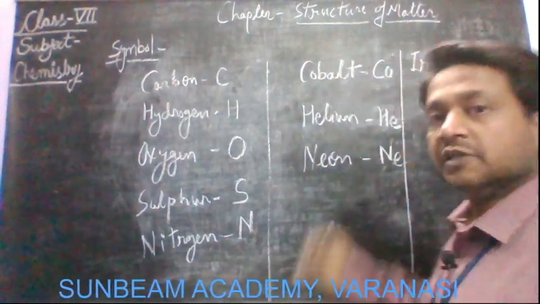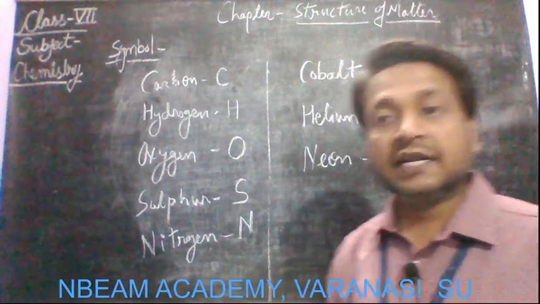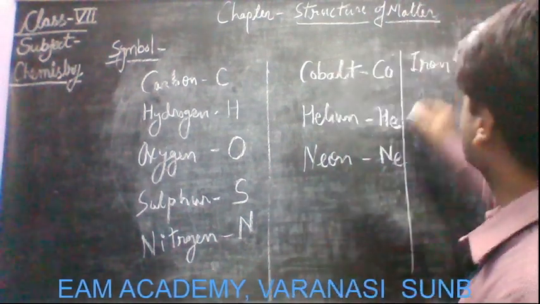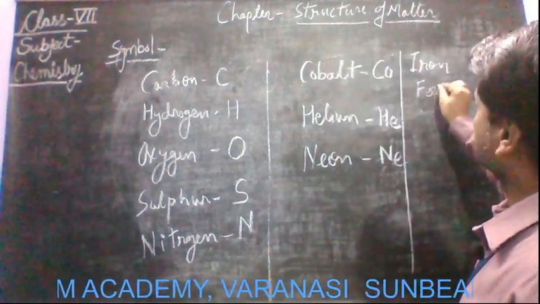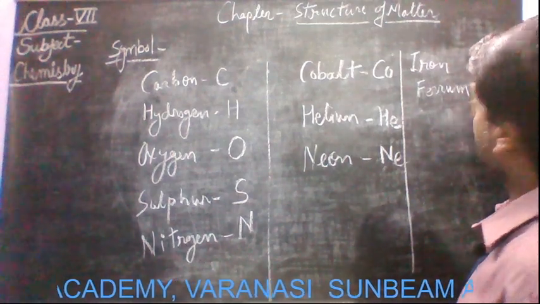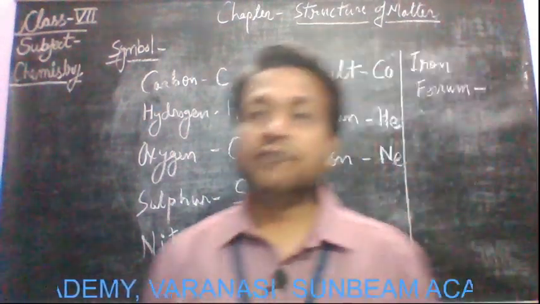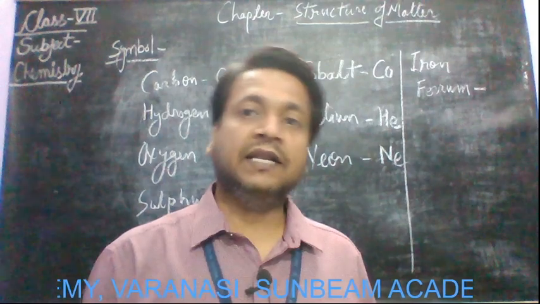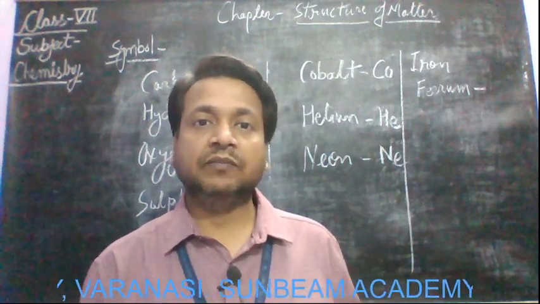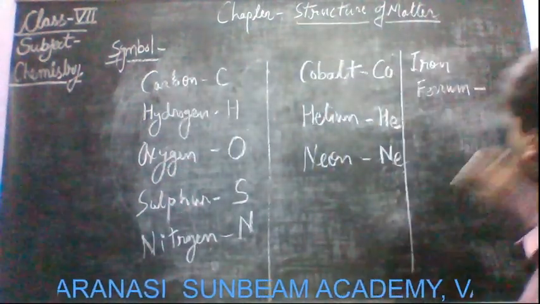The English name is iron, but its Latin name is ferrum, and that is why the symbol of iron is taken from its Latin name, not from its English name, and the symbol is Fe.